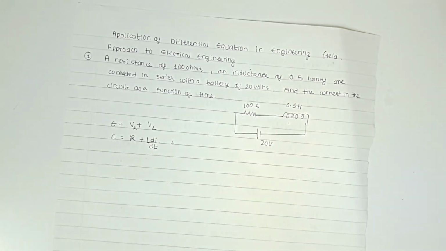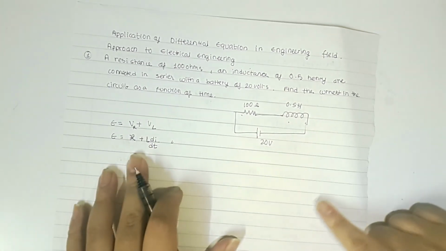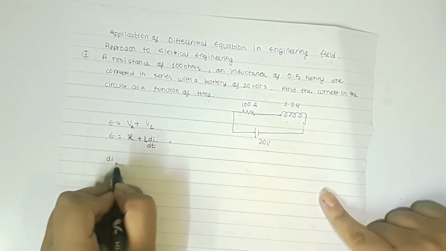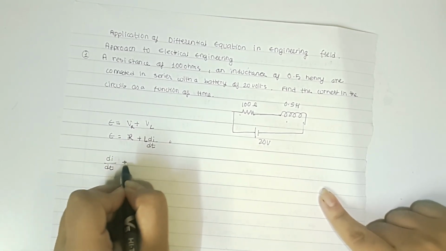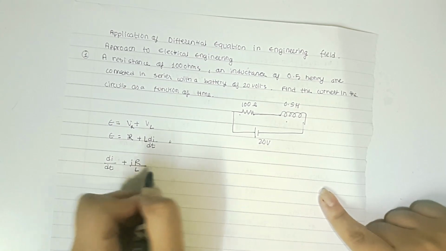This is the formula. So if we take di by dt, then we get I R by L equals to E by L.